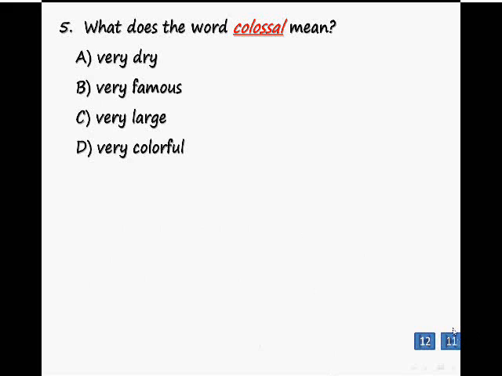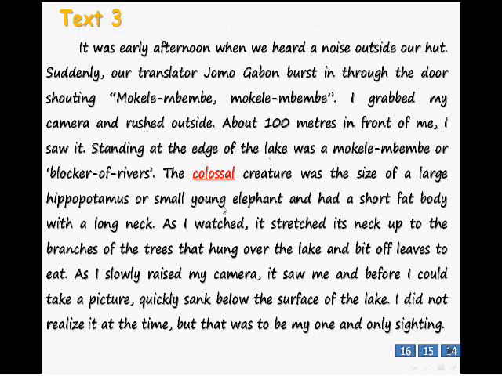Number 5, what does the word also mean? Okay, again, the word is there. You look for the word, and you try to read a sentence before it and a sentence after it, and you guess the meaning of the word.